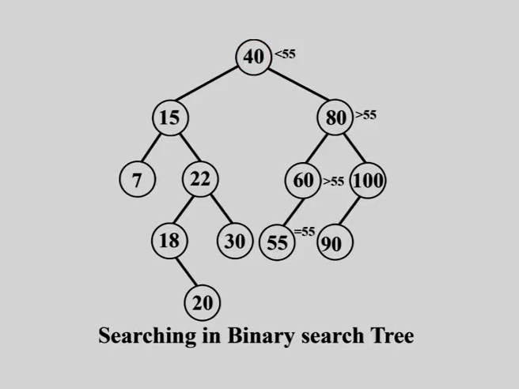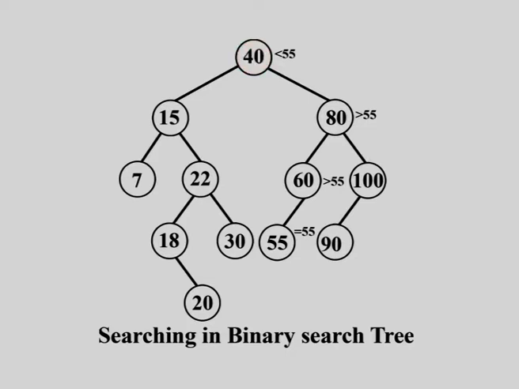To understand the search procedure in a binary search tree, look at the binary search tree in which we want to search for the element 55. Here, first of all, we compare the desired element 55 with the root element.